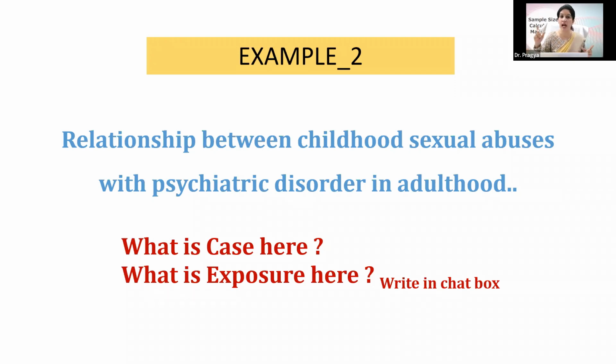Although outcome, case and exposure are fine for the hypothesis, when you are giving inputs in a case control study, read that as the proportion of exposed in the cases and the proportion of exposed in the controls.